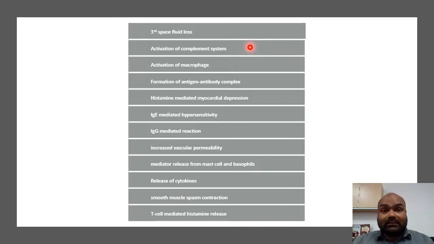So histamine is the one that is going to mediate the immune system to remove these allergens. But at the same time, in the lungs, histamine will stimulate smooth muscle contraction of the lungs.